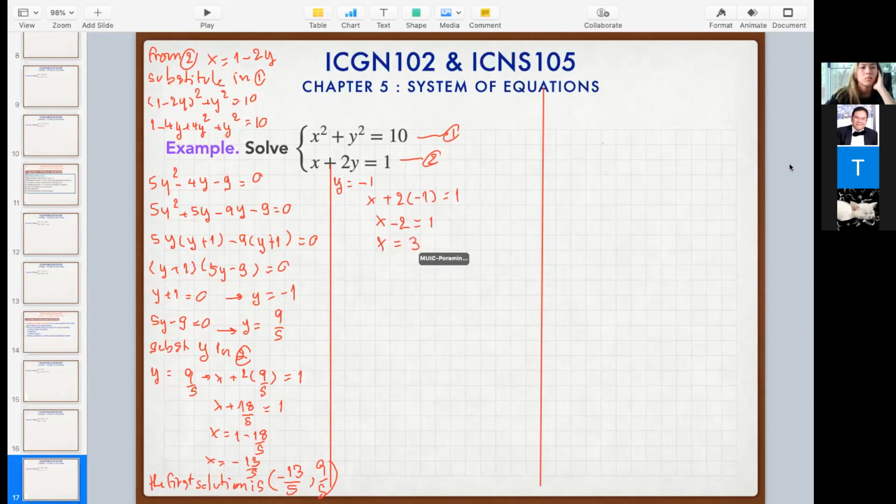Then we have the second solution, which is 3 and negative 1.